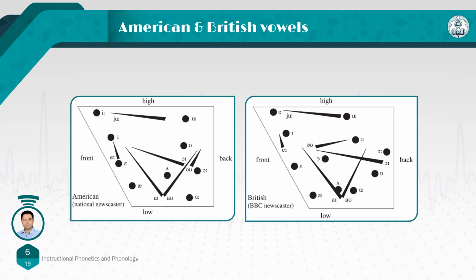Or if you look at, for example, aw in British, and then you look for it on the left picture, you can't find it, because we don't have aw in American English. We only have aw. For example, American speakers won't say author, they say author, so they don't need aw. But in British we have aw, and it is in the back.